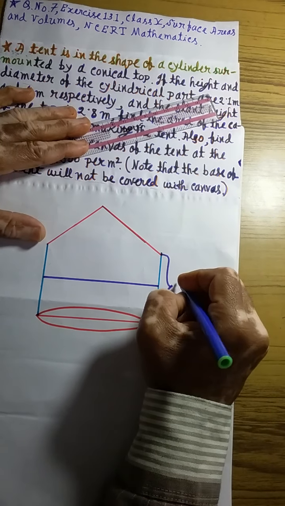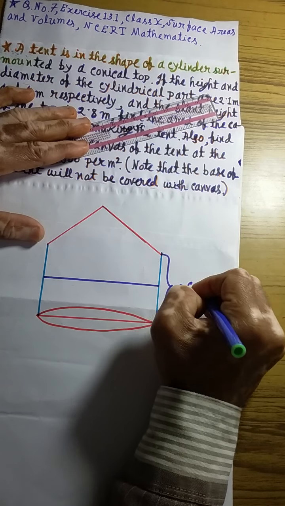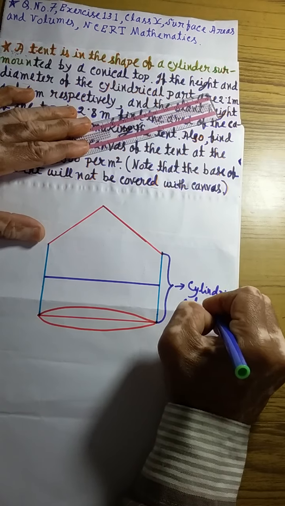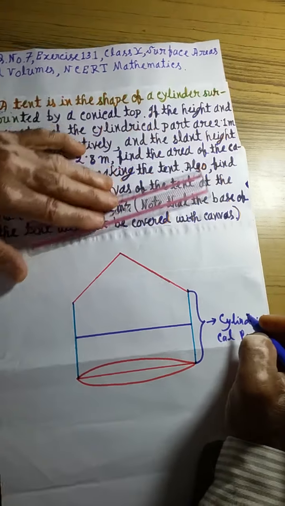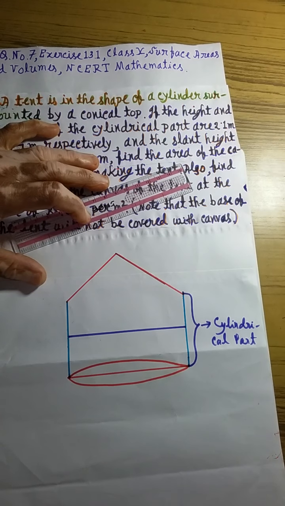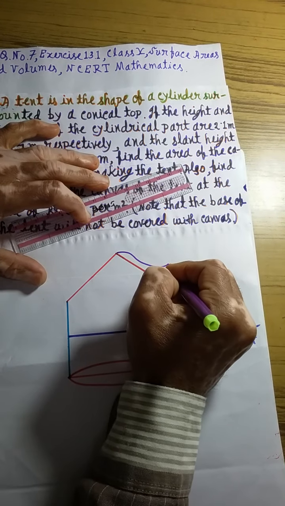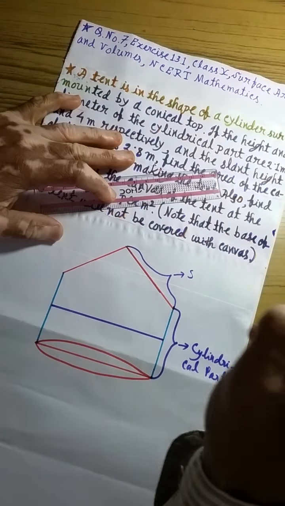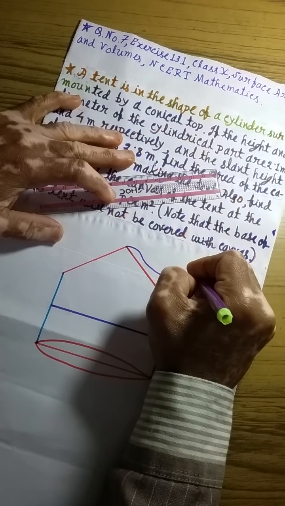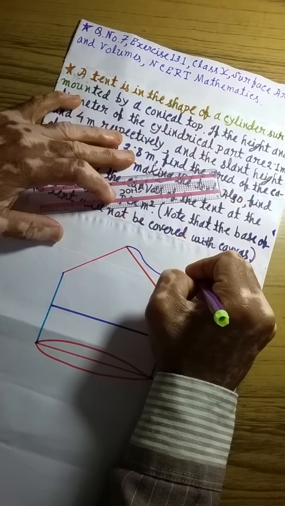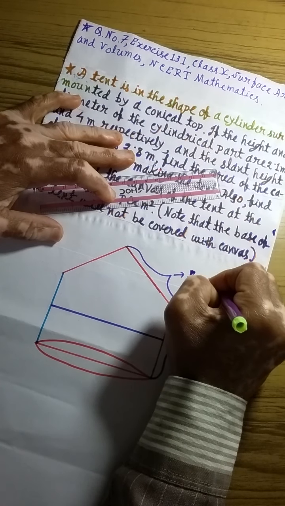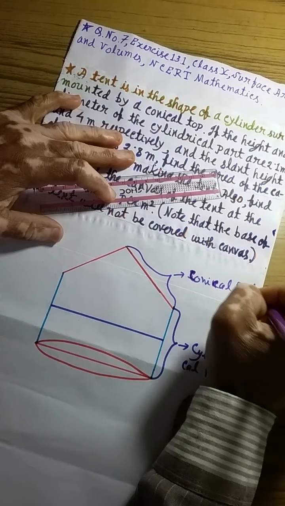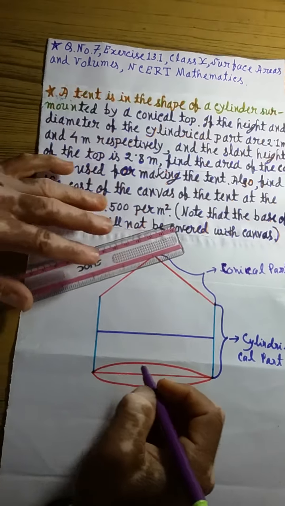This is the cylindrical part, and this part is the conical part.